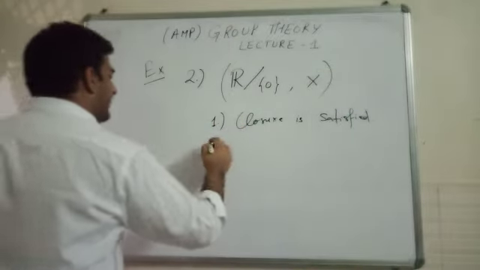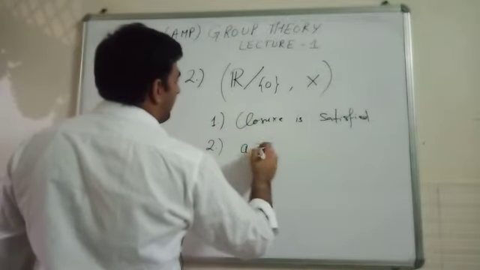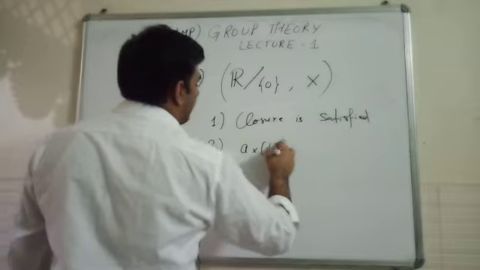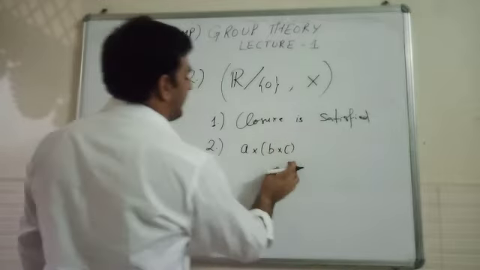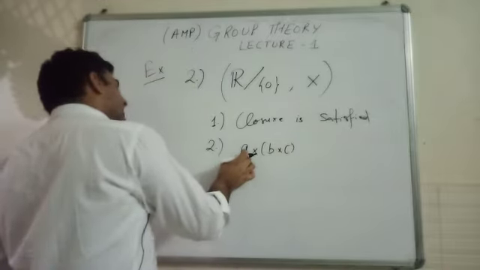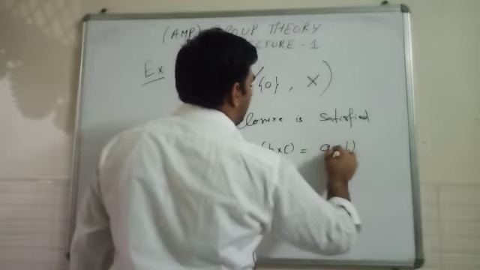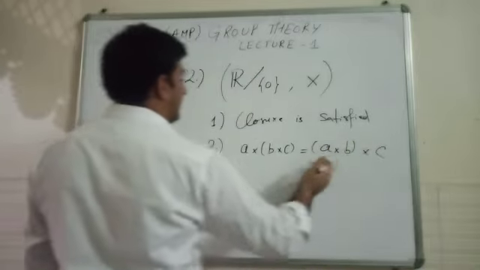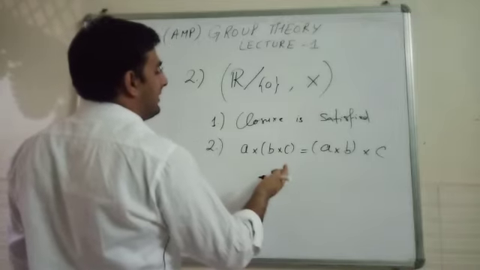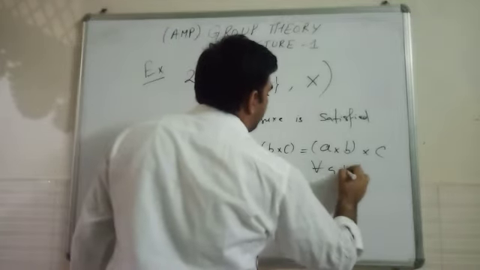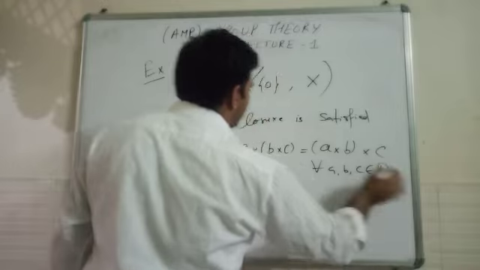Now associativity: if you multiply two real numbers and then you multiply with another real number, then clearly A multiplied by B, multiplied by C, equals A multiplied by B multiplied by C. So this is clearly satisfied for all A, B, C in the reals.